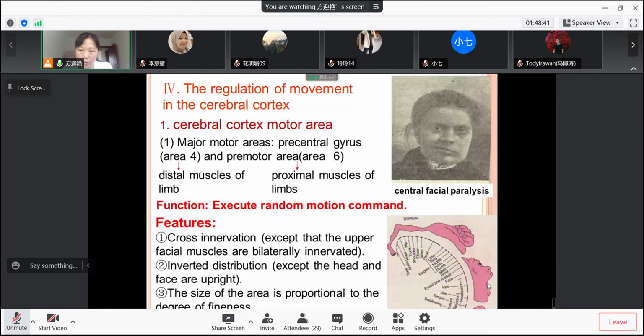Also the head and the tongue. So the size of the area is proportional to the degree of finesse. Understand?